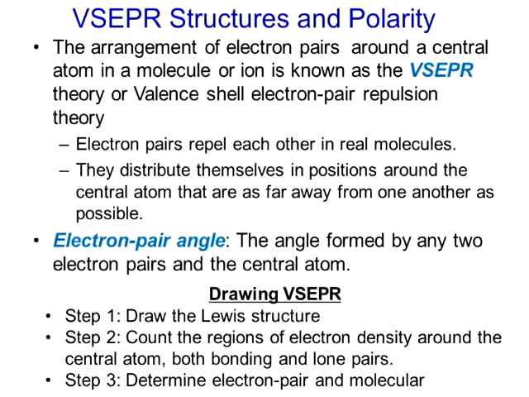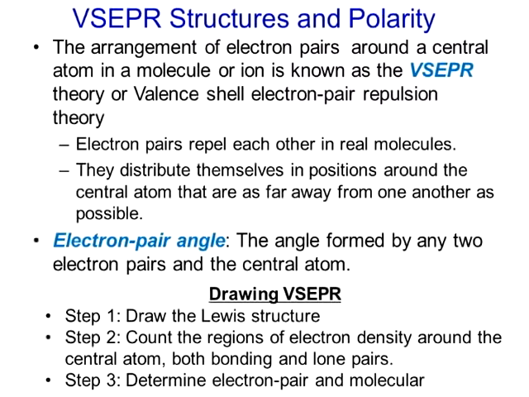One of the ways that we're able to describe polarity and structures with regard to their polarity is by what's called the VSEPR system. The VSEPR system is the arrangement of electron pairs around a central atom in a molecule or ion, such that we get a representation of the electron pair repulsion, and that's why it's called the valence shell electron pair repulsion theory, or VSEPR.